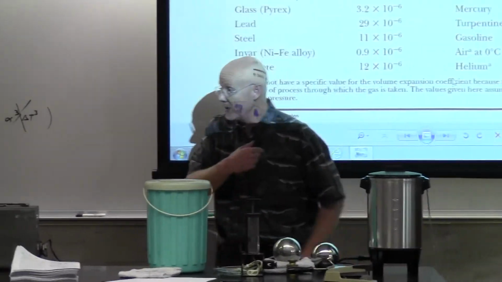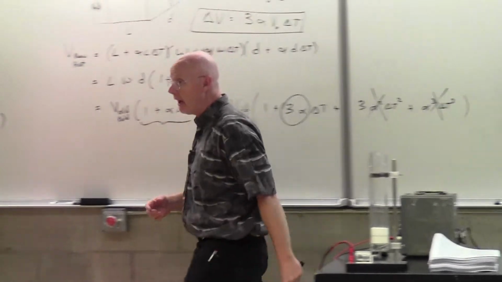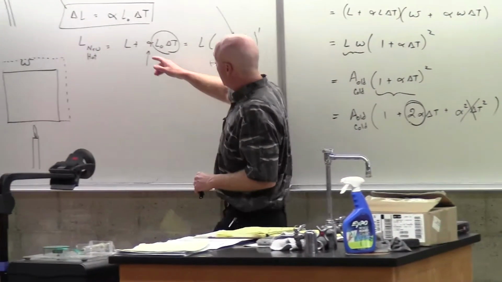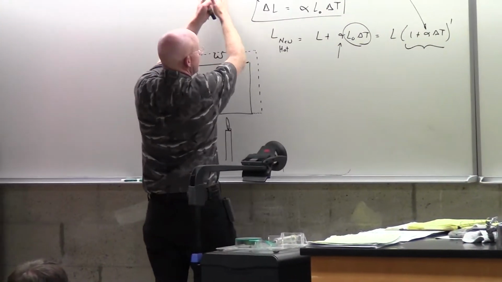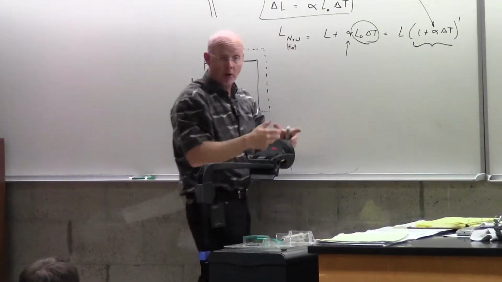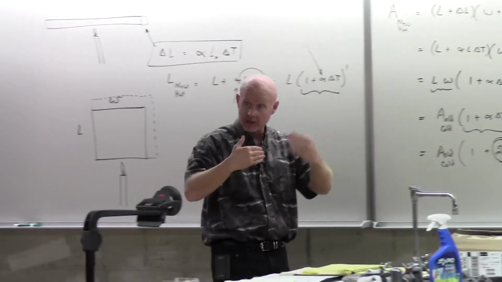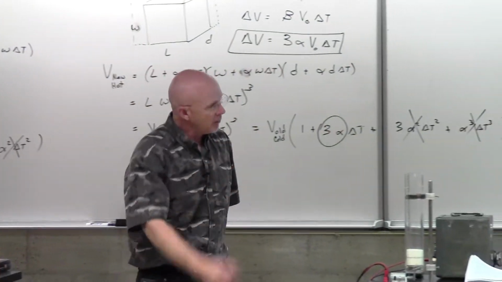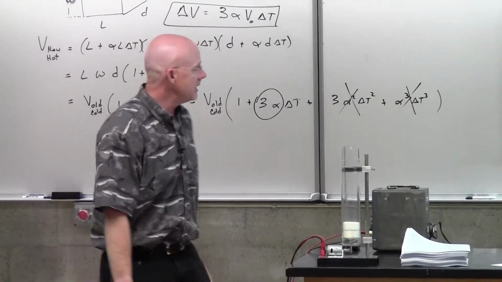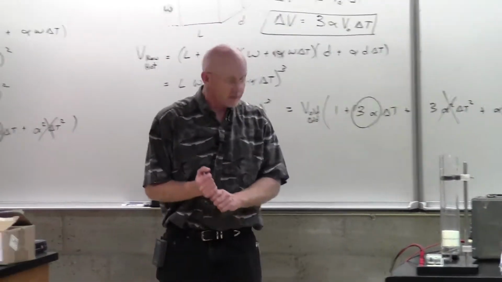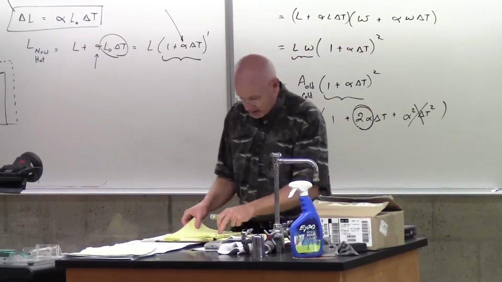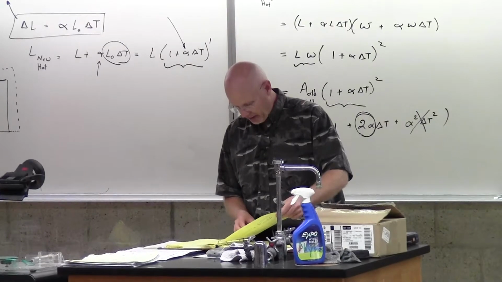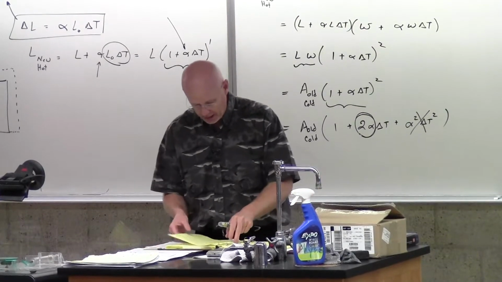But either way, there's the beta, and then I can divide that by 3 to get alpha to answer the question, how much will the mercury expand when I warm it up 1 degree, and therefore how do I make this thermometer, and how far apart do I put the markings on the thermometer in order for it to read right, I think is the question at hand. And that's the homework that you'll be quickly working on.